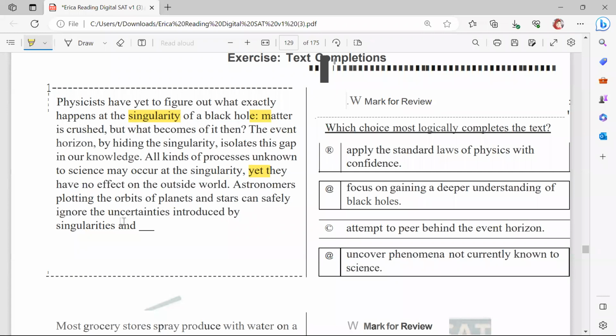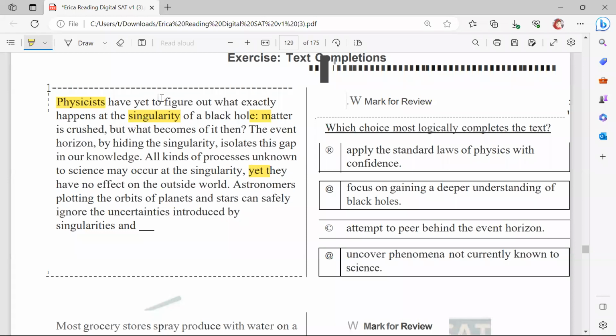Okay, amazing. So let's approach the text closely a little bit, and I will ask you to assign the main focus of each sentence. Here, the first sentence: physicists have yet to figure out what exactly happens at the singularity of a black hole.